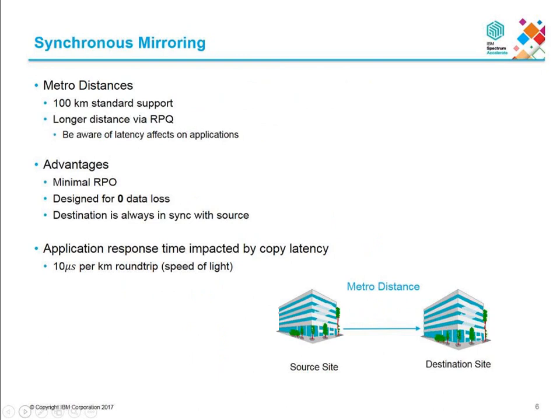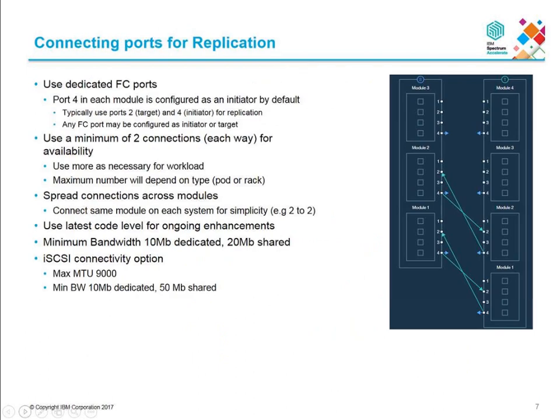Really, the only thing that's affecting that is the ability of the application to deal with the additional latency that we have, because we're moving the data from the primary to the secondary, or source to the destination, and that takes longer if they're further apart. Advantages, again, 0 RPO, but I am impacted by latency as I increase the distance between the source and the destination.